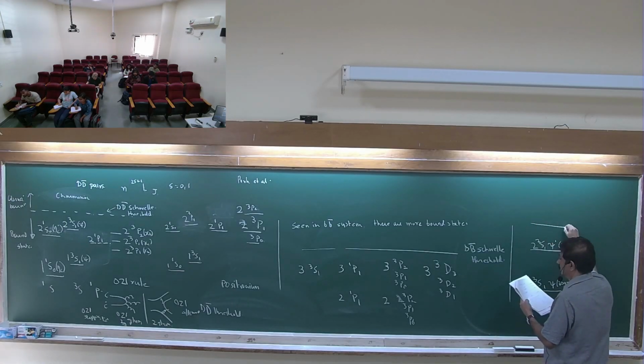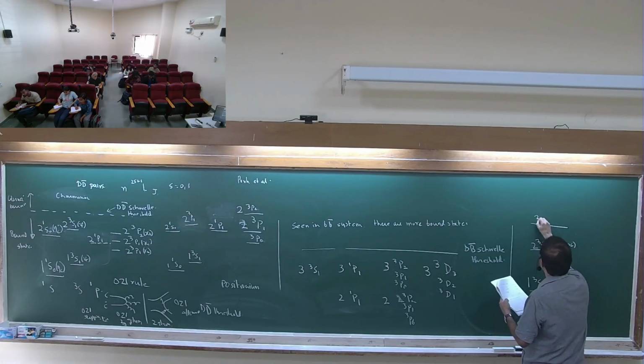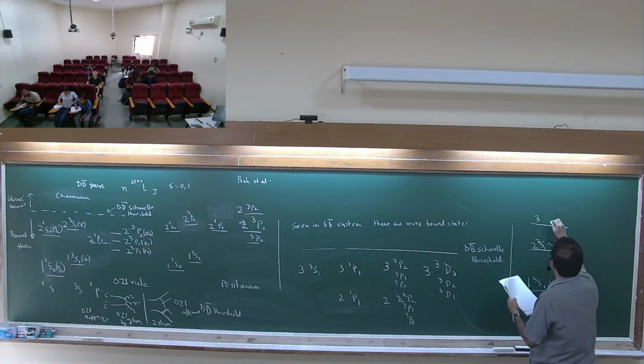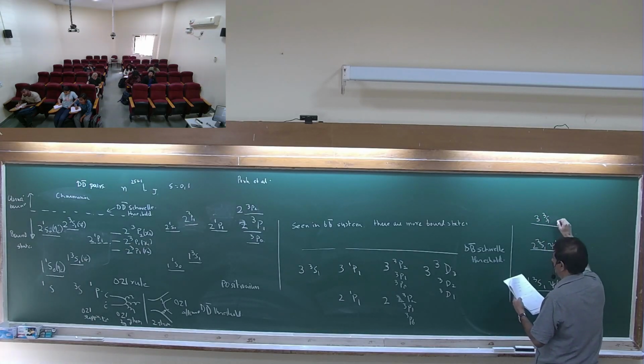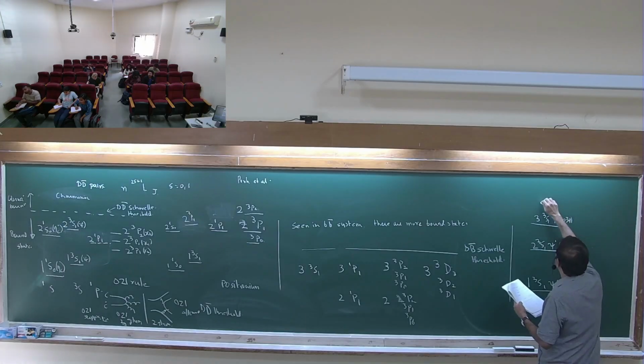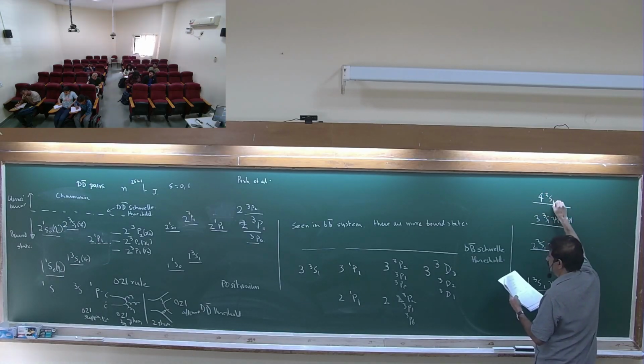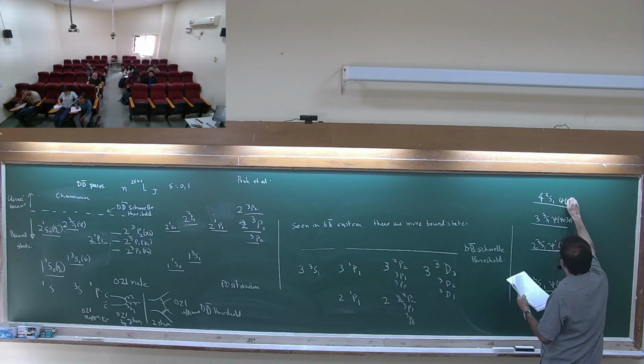Then there is, so this is already a quasi-bound state over here, 3S1, and this is called psi of 4039, and 4 3S1, this is psi of 4415.